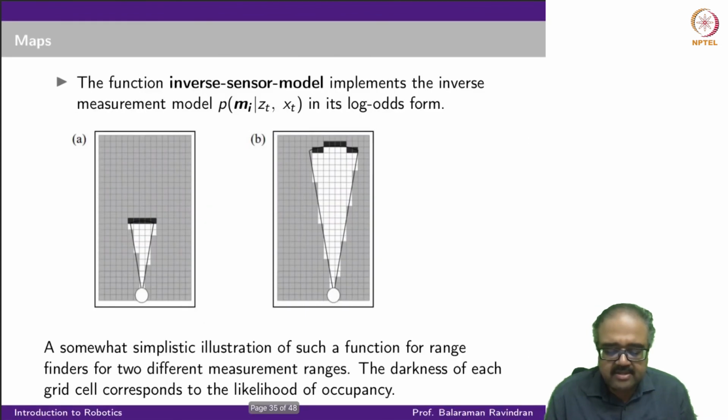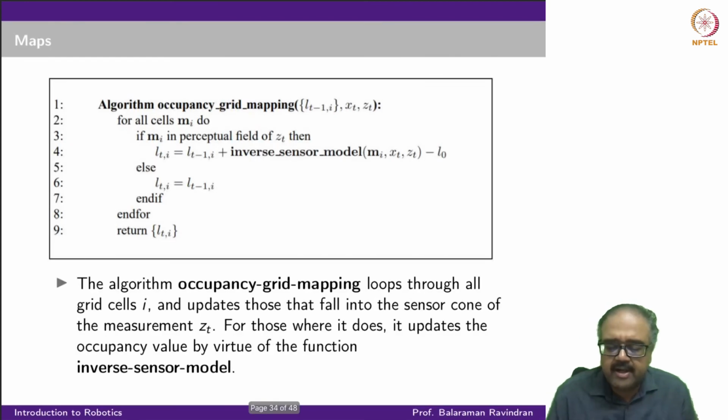The first condition, the r condition, corresponds to the cell being in one of these locations, and the second condition, the one on phi, corresponds to the cell being in one of these locations. So in both cases we return l0. What does it mean to return l0? If you plug in l0 here, it becomes minus l0, so they cancel out, and I basically leave the belief as it is without changing anything. That's what I mean by returning l0.